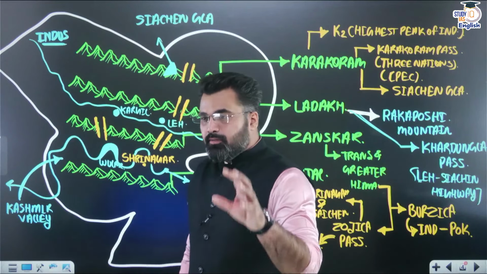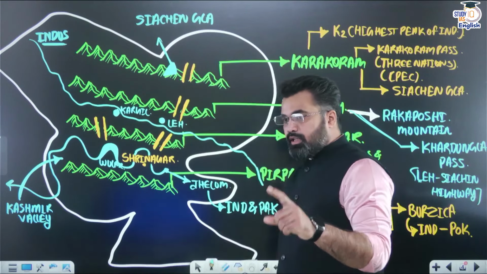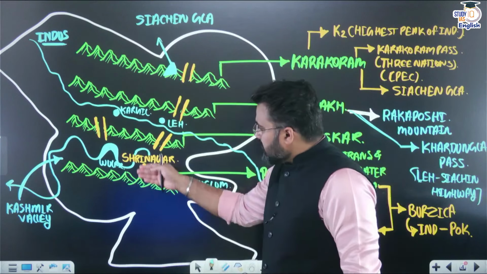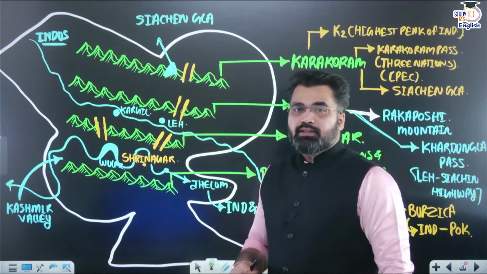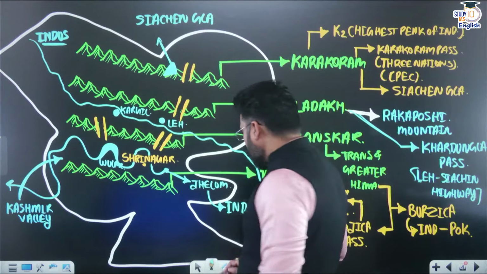This is a natural border made by the Jhelum River. This side is the Pir Panjal range, the upper part is Kashmir Valley, and the lower part is called Jammu. So this side is Jammu and this side is Srinagar.